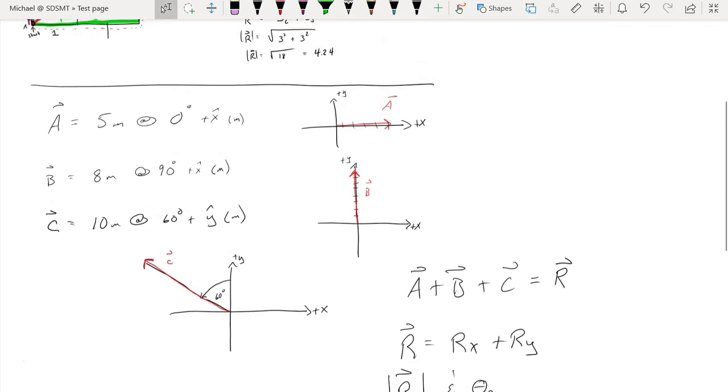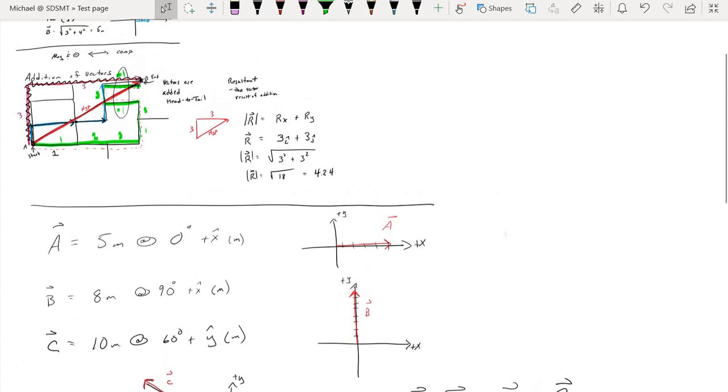Now here's where we're going to really distinguish between using the graphs and using the math. We've already seen up above that it doesn't matter the order in which we add all of these vectors together. And as it turns out, vector addition does follow the commutative and associative rules of algebra.